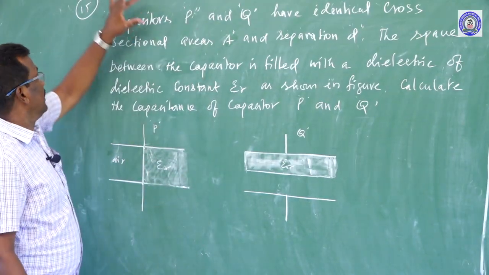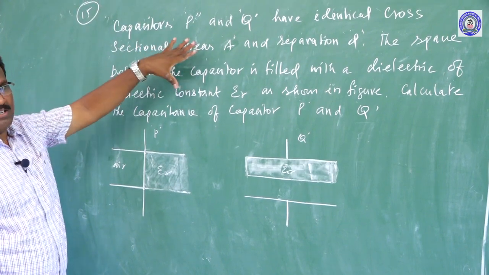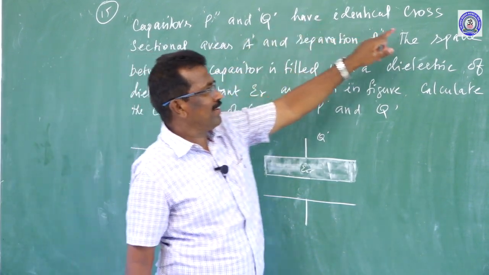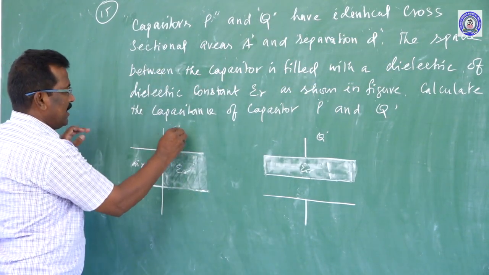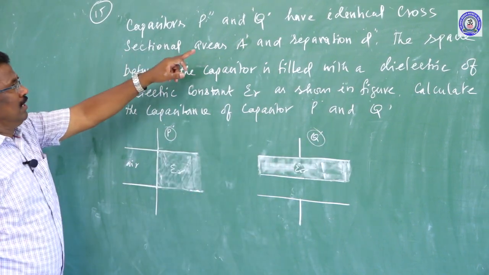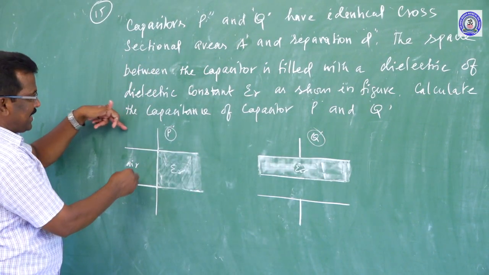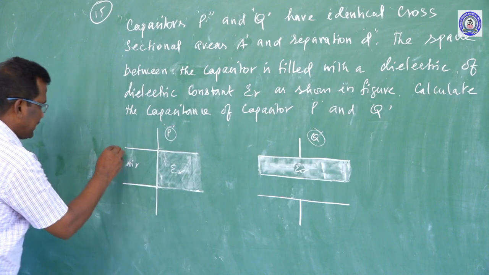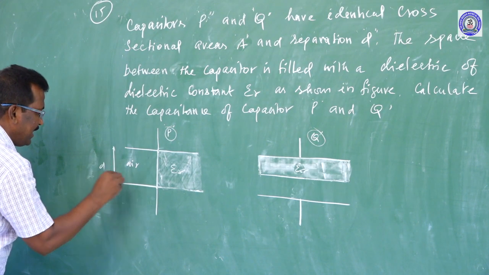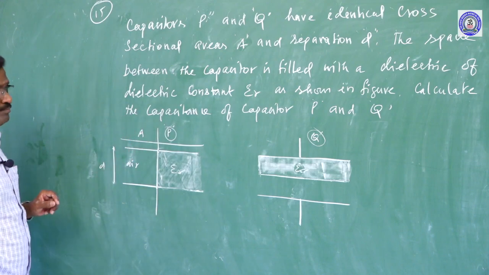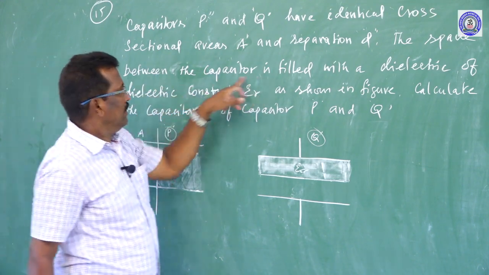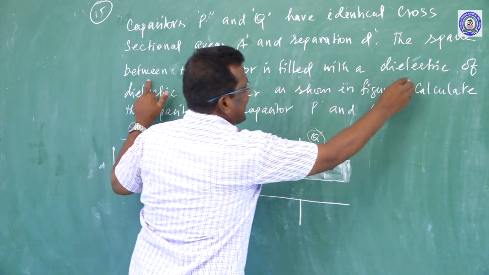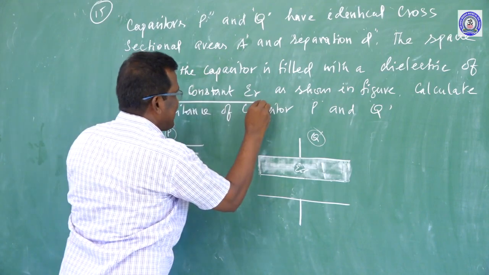Numerical problems. Question number 50. It's also based on NEET. Capacitors P and Q have identical cross section. So there are two capacitors P and Q given, identical cross section area A, and the distance between the two plates is D. The space between the plates is partially filled with a dielectric of constant epsilon r.